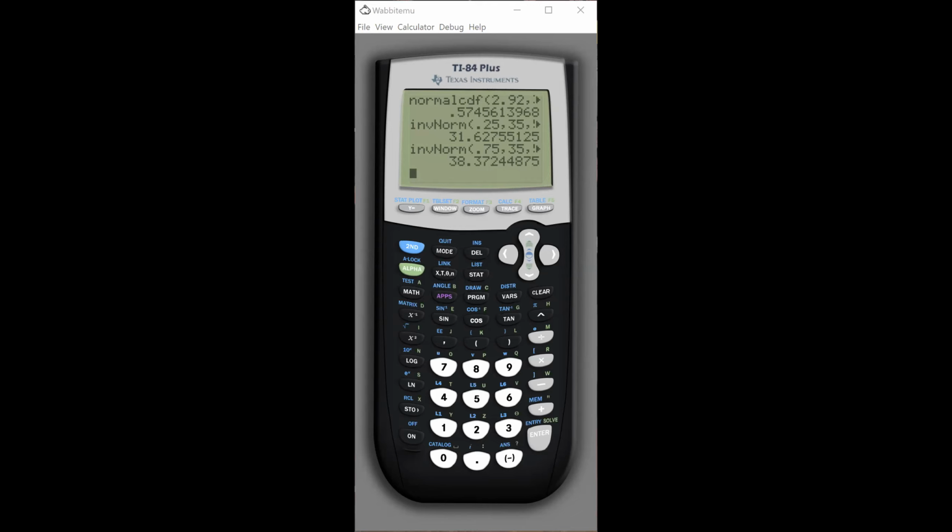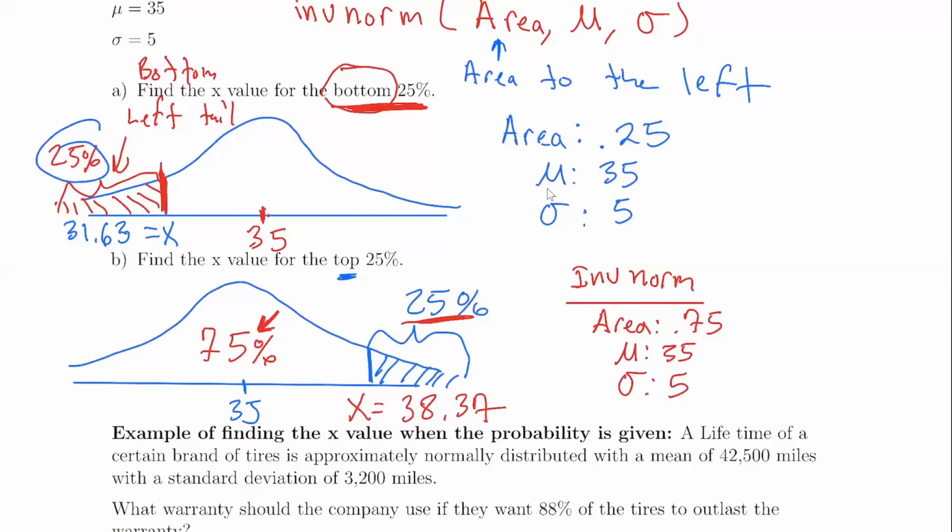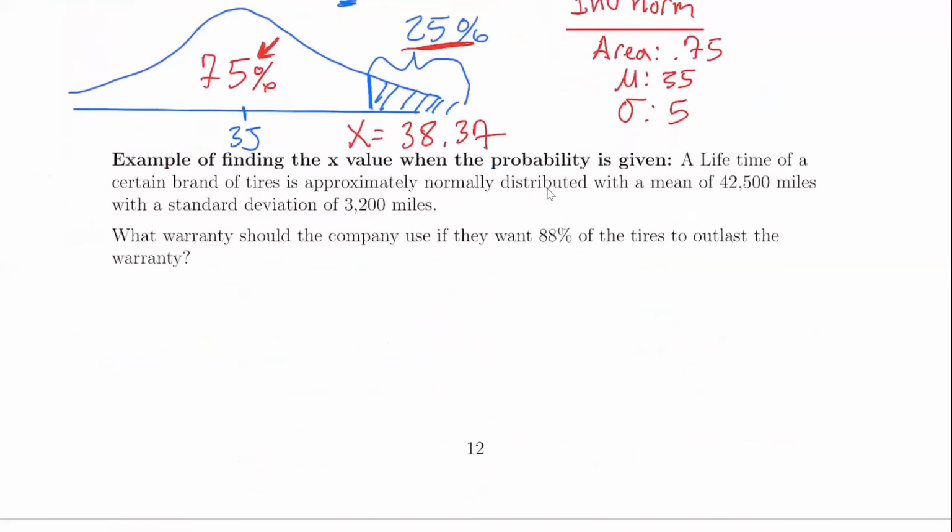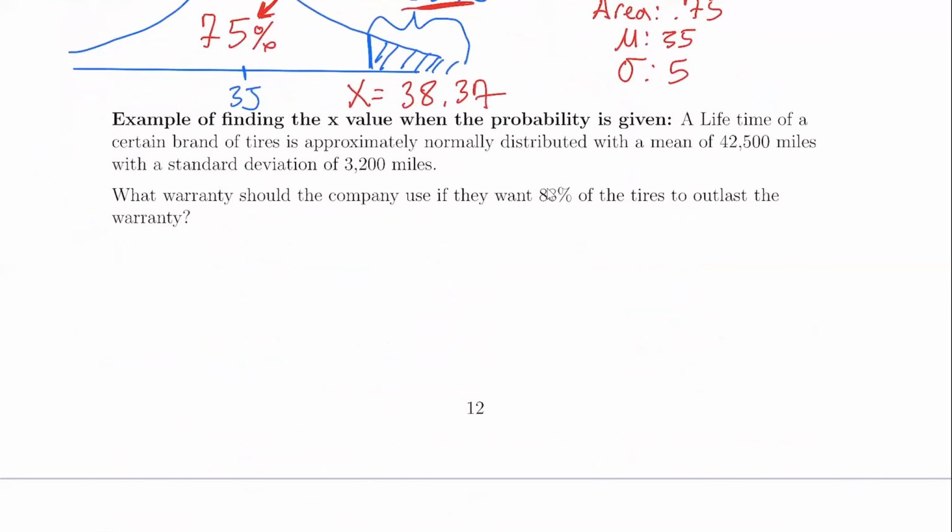All right, let's do a word problem about this. It says the lifetime of a certain brand of tire is approximately normally distributed with a mean of 42,500 miles and a standard deviation of 3,200 miles. So we're doing the tire problem again.